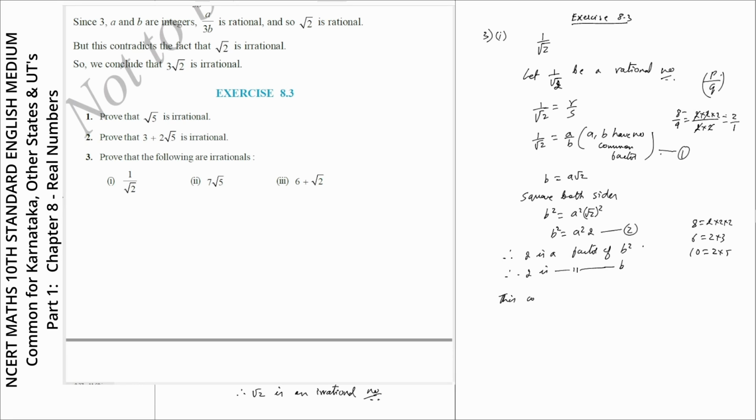My equation 2 is contradicting equation 1, which says that a and b have no common factors. One says a and b have no common factor, but 2 says 2 is a factor of b. Okay, therefore why is this happening? Because our assumption itself is wrong.